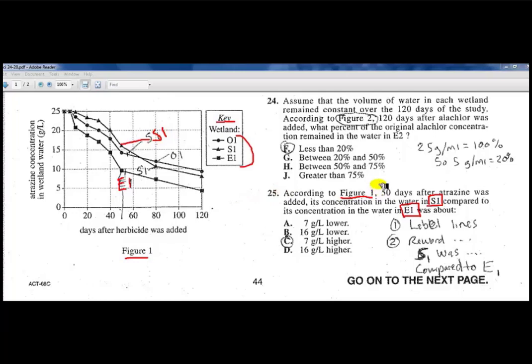Then what we need to do is add in the last bit of information, 50. Come over here in the XY axis, find the X days, find 50, here's 40, 60, halfway in between is 50, and find your numbers. E1 produces 10. E1 is 10. And our S1 value, when we go straight up here, is about 16.